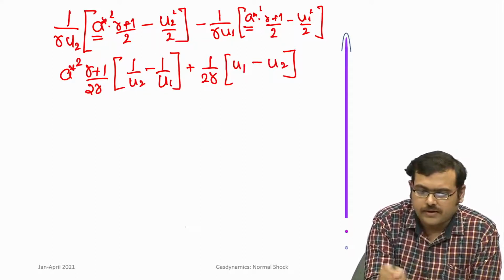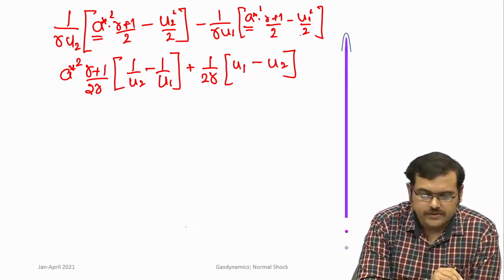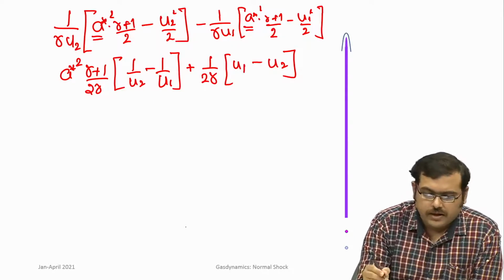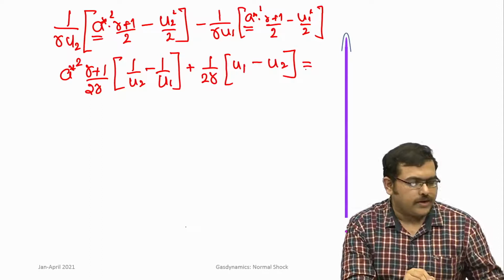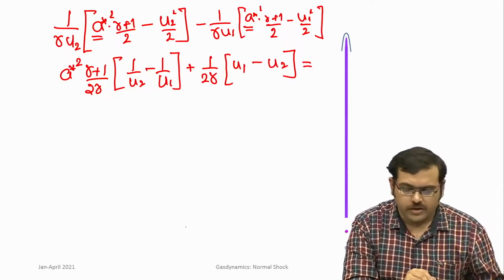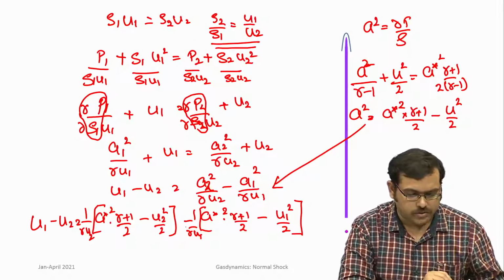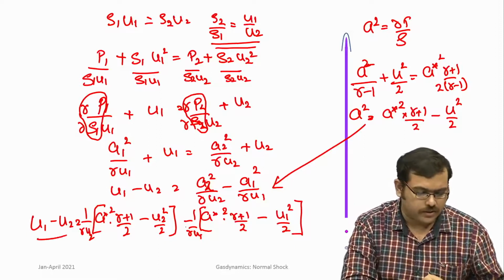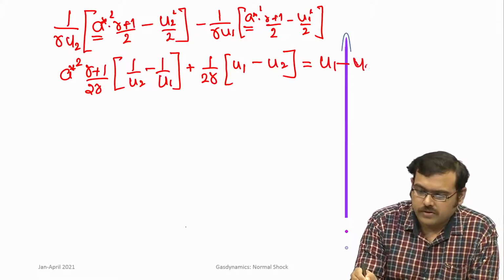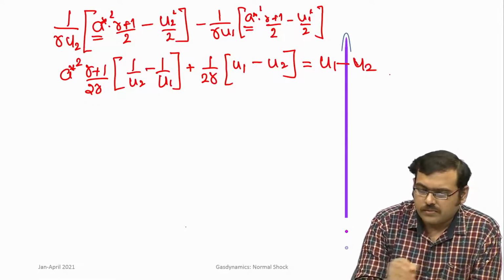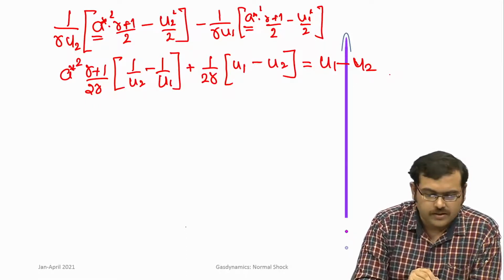So if you look at the terms, you will get this term here, and on the right hand side you already had u1 minus u2, which was there over here. So this is equal to u1 minus u2. So now take this term over there.